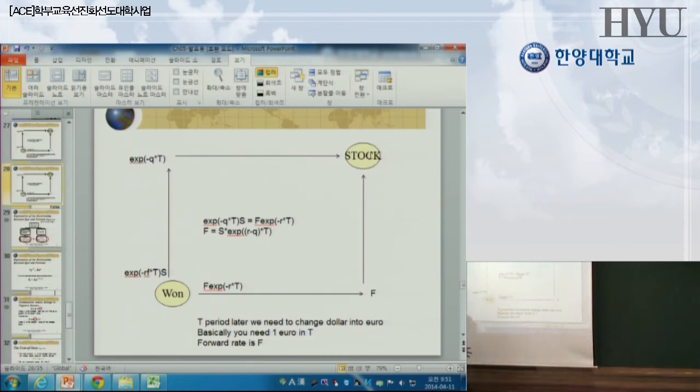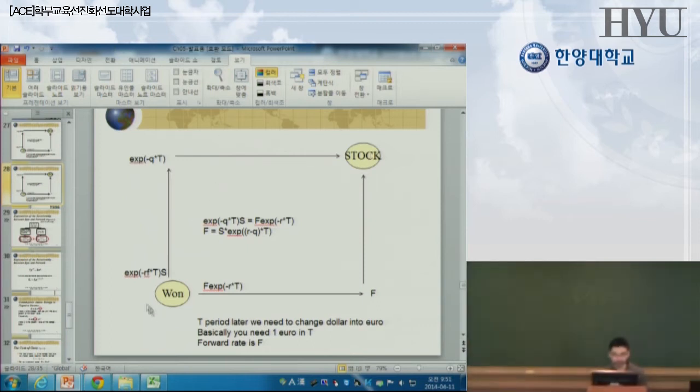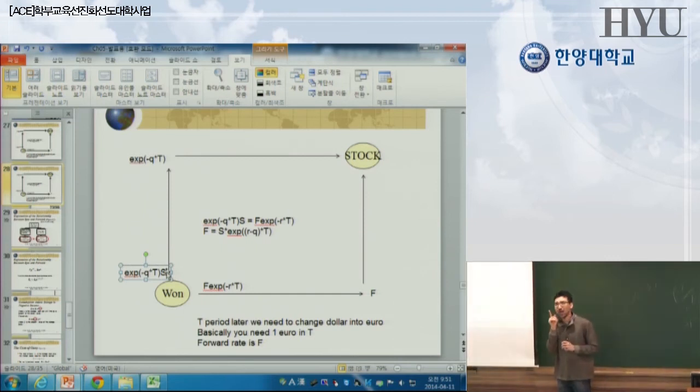Another way is I hold the stock right now. The good thing is that the stock price is S, but I don't need the full amount of S right now.